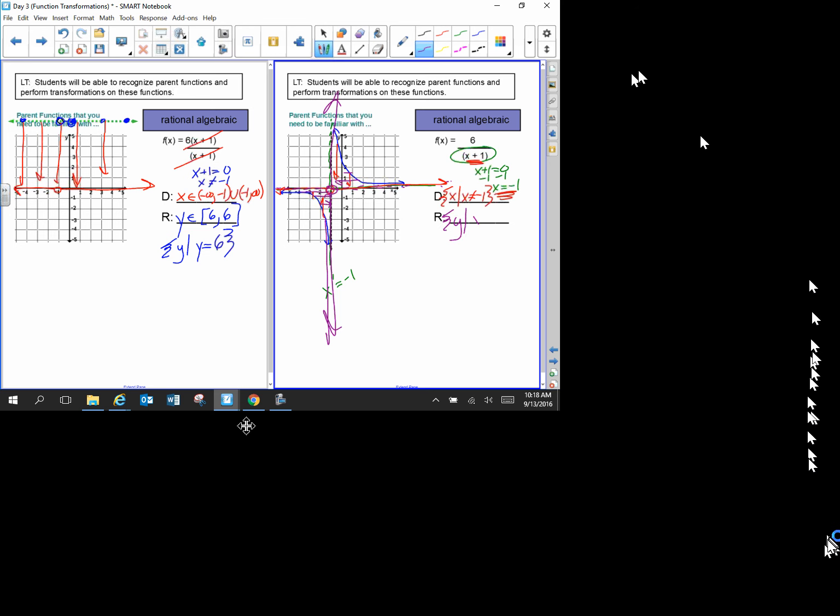If you wanted to say that again in interval notation, you'd say it goes from negative infinity all the way up to 0, not including it, and then from 0 to positive infinity.